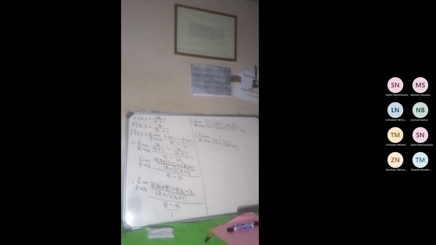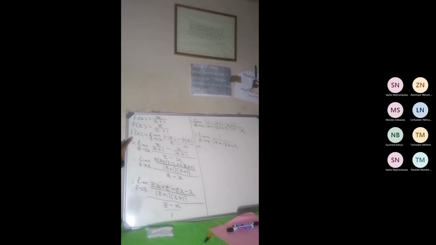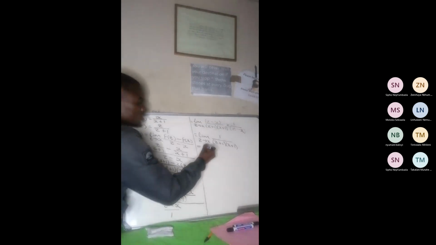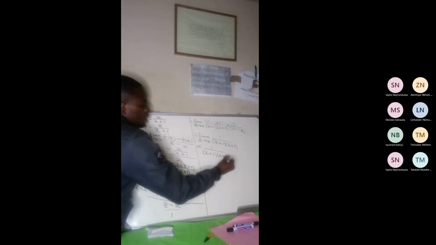So now, z is going to approach x. It means when this is z, we are allowed to substitute with x, and because z is approaching x, the limit is going to vanish. Vanish, I mean it's going to disappear. So this is 1 divided by x plus 1 times x plus 1.